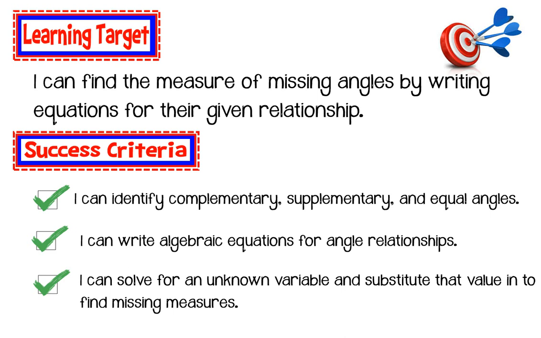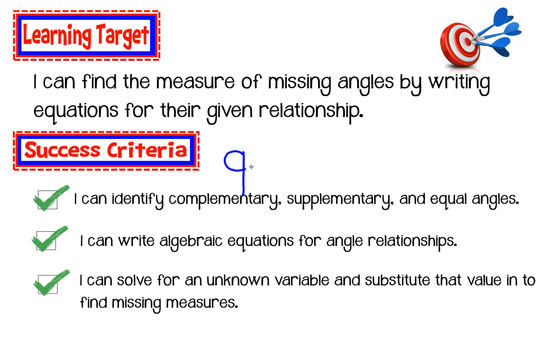And there's only 3 relationships that we can work with: complementary, supplementary, and equal angles. So hopefully you remember these vocabulary words. To complement someone is the right thing to do. So that's a 90-degree angle. Some people also know it as this trick.